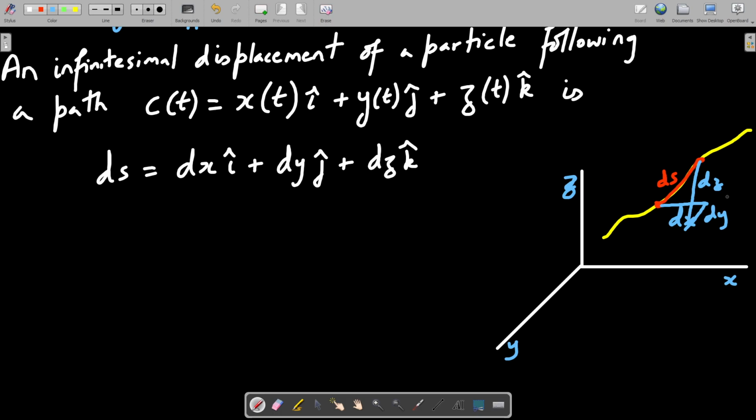Okay, so I kind of have a triangle, not a triangle you can say. And so I have three perpendicular lines right now here, that much I can see. Understood this diagram? Okay, change in x, change in y, and change in z. Okay, so what should be the length ds?